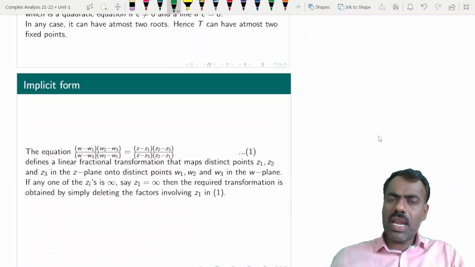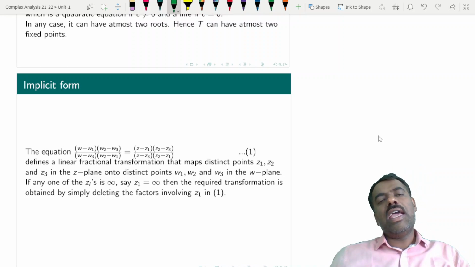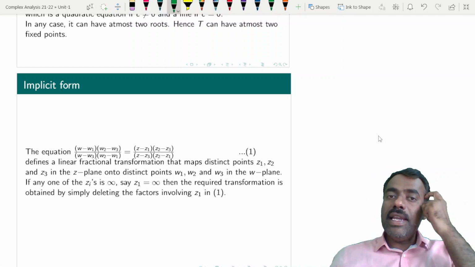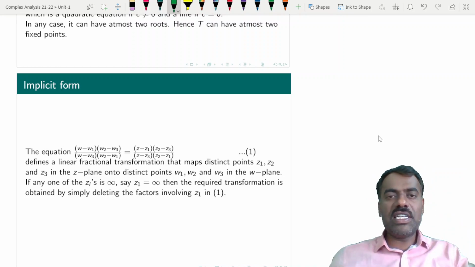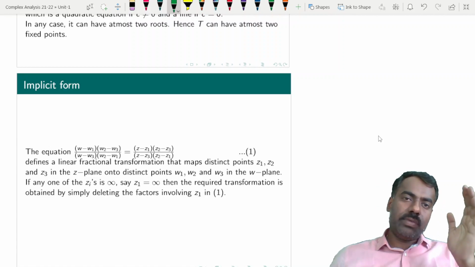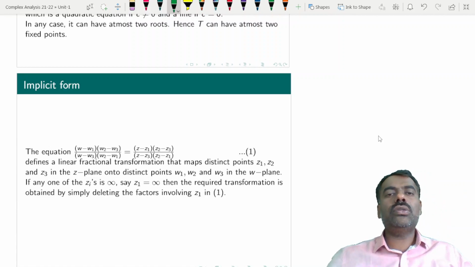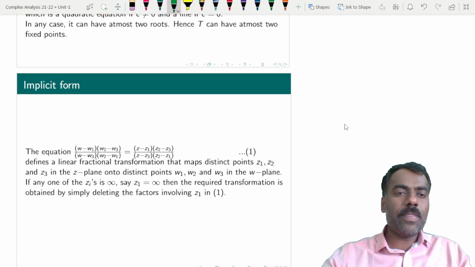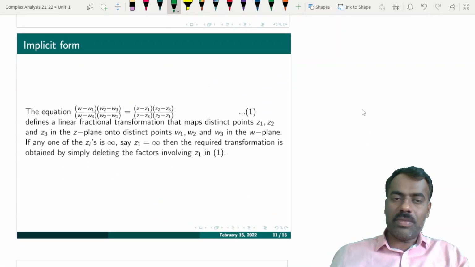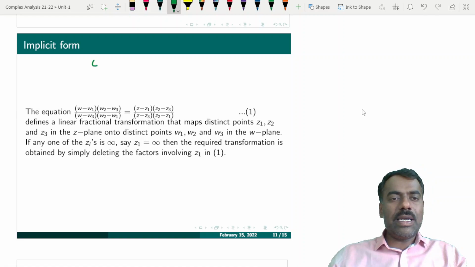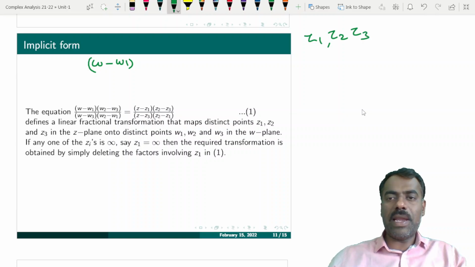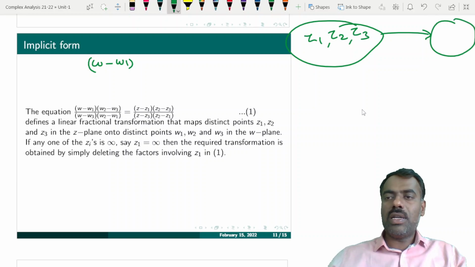Fine. Now, how can one find a fractional linear transformation sending some given 3 points to another 3 points? For that we have an explicit formula. You have z1, z2 and z3 in the z plane. These 3 points will be mapped to w1, w2 and w3.